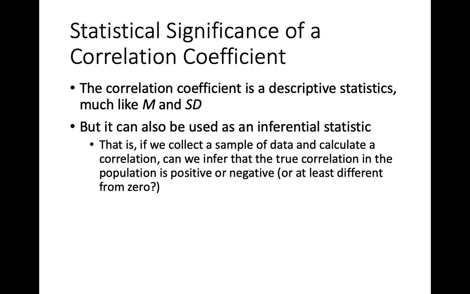However, in addition to describing the direction as well as the strength of the relationship, we may also want to test whether that correlation is statistically significant. In the case of a correlation, the question is usually whether the correlation is statistically significantly different from zero.